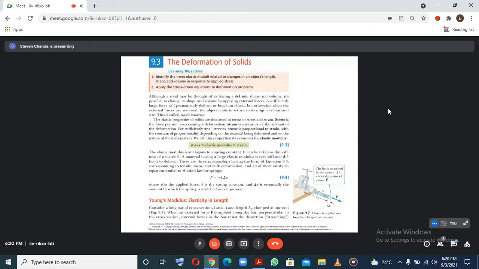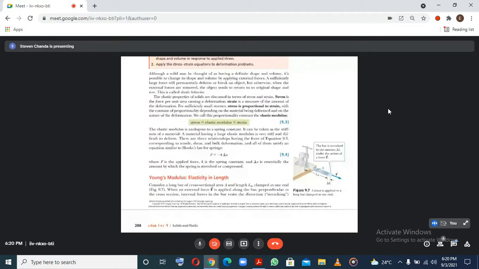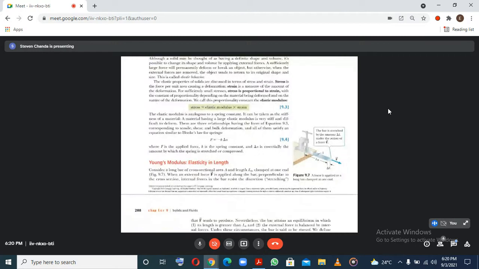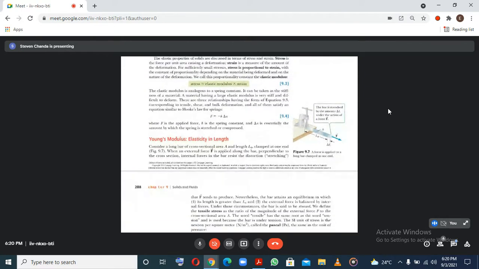However, if the forces which have been used are not large enough to cause a permanent deformation, then after the external forces have been reduced, the objects can return to normal shape and volume. This is called elastic behavior. So the elastic properties of solids are discussed in terms of stress and strain.